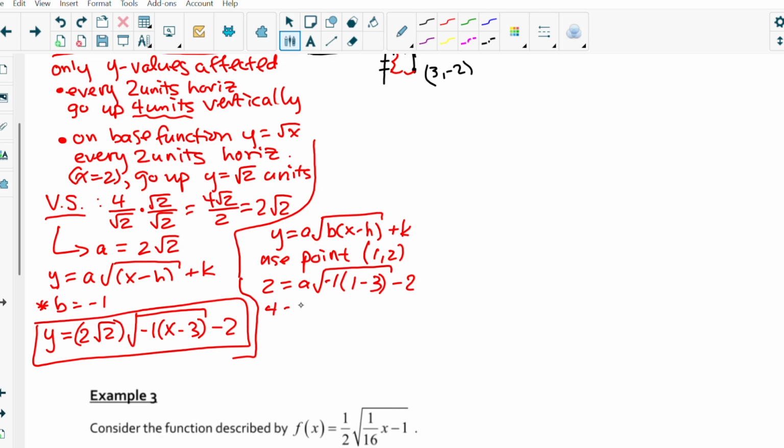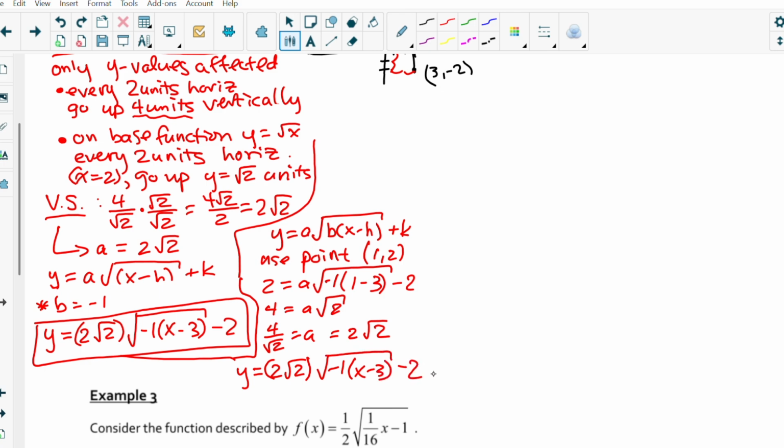Let's solve for a. That's 4 equals a. That's -1 times -2. That's +2. A equals 4 divided by square root of 2. And we already know from rationalizing that is 2 square root of 2. So the final form of my equation is y equals 2 square root of 2 times square root of b, which is -1, x minus 3 minus 2. So same. Algebraic approach, graphical approach.